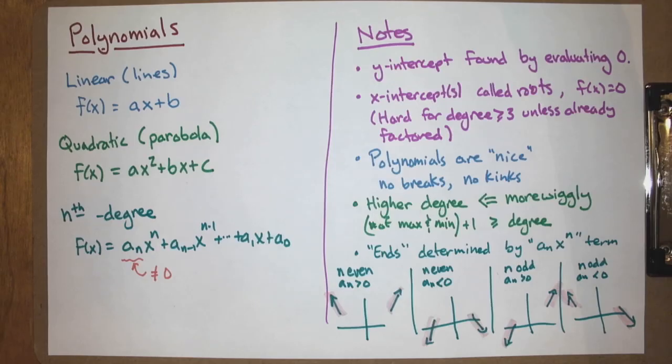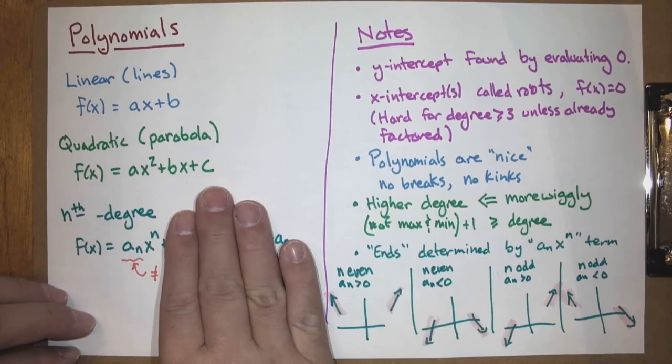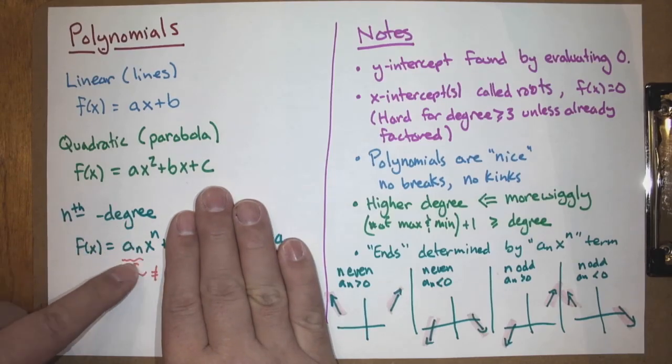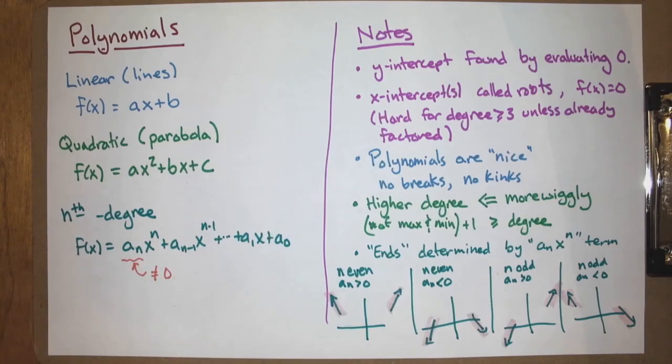So in particular, the long run behavior is driven by a sub n x to the n. In the long run, for very large values of x, I'm basically looking like this piece. So how does that help us? Well, we can say whether n is odd or even, and we can say whether a sub n is positive or negative.